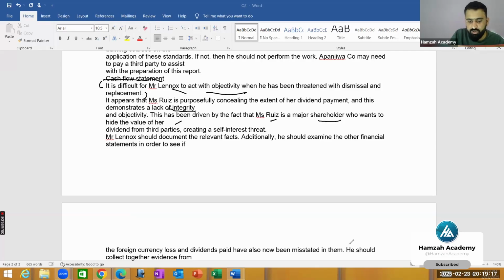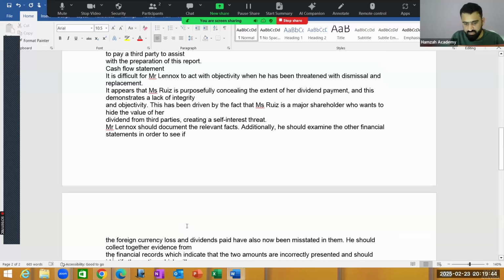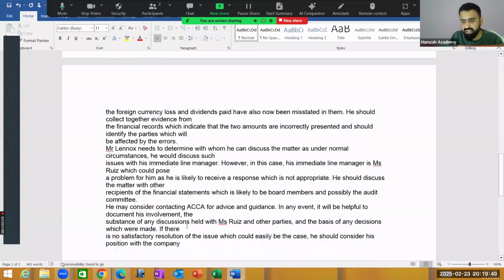He should gather evidence from the financial records which indicate that two amounts are incorrectly presented and should identify the parties which will be affected by that.